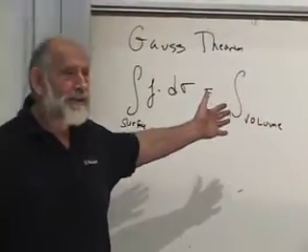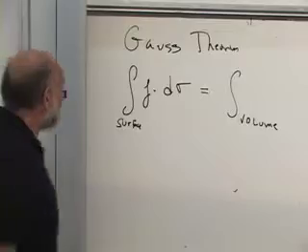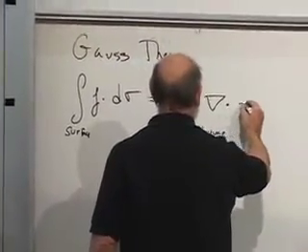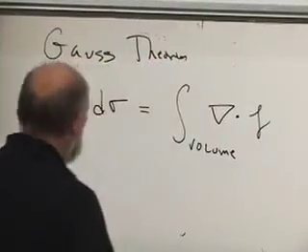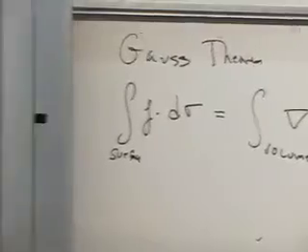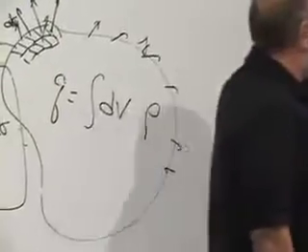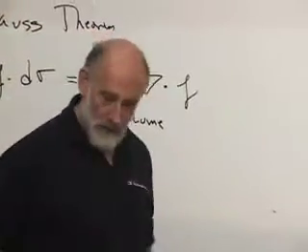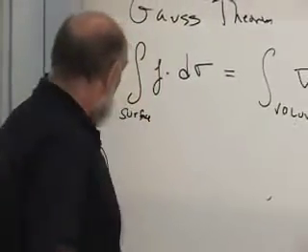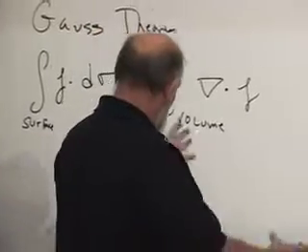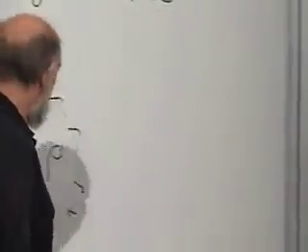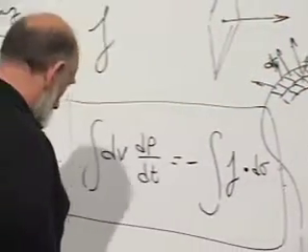Anybody know? No, okay. The divergence of the vector itself. So it's a relationship between a surface integral of a vector and the integral over the volume of the divergence of the vector. It's not obvious. I'm not going to prove it. It actually doesn't take very many lines to prove, but let's assume it.